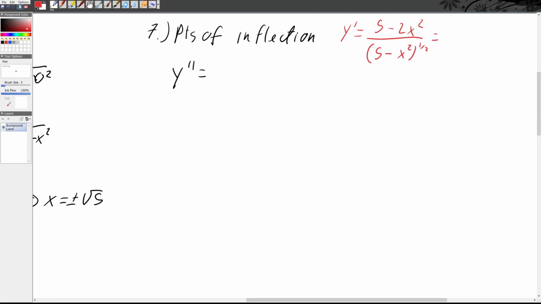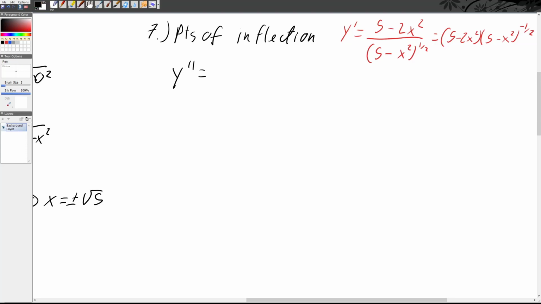I'll try to find it by rewriting my function as 5 minus 2x squared times 5 minus x squared to the negative 1/2. Here I'll try to take the derivative by applying the product rule and the chain rule instead of the quotient rule, because I think that's a lot easier to do.